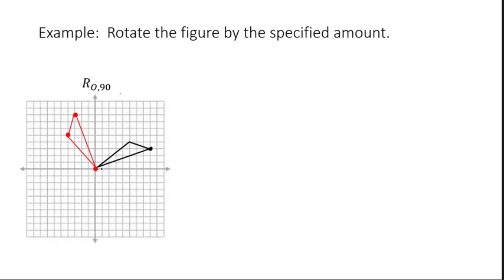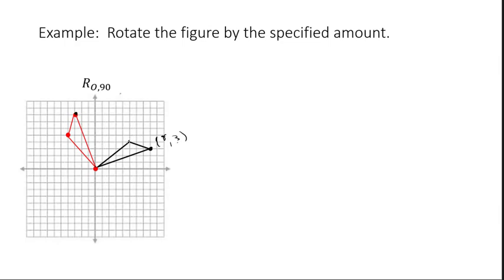So it's over 1, 2, 3, 4, 5, 6, 7, 8. So it's over 8 and then up 1, 2, 3. That point is 8, comma 3. What I can do is instead of over 8, up 3, I go up 8, over 3 to find the corresponding point. So from the center, I go up 8 and to the left 3. That takes me right here. And that's how we got this point.